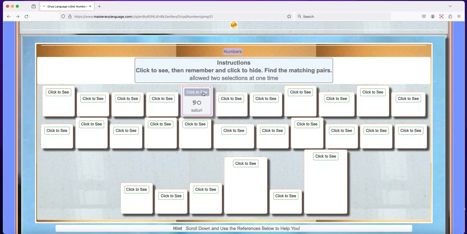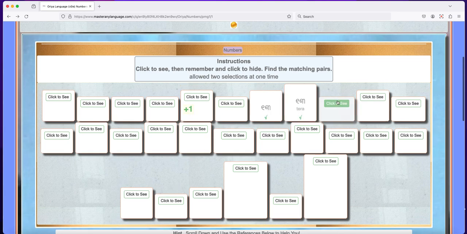Nabe, Saturi. We have to match them by memory. Oh man, I can't remember which way is what. Tera, oh. Tera. There you go. Numbers.